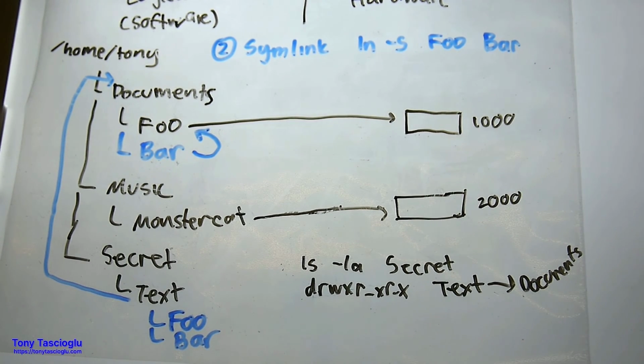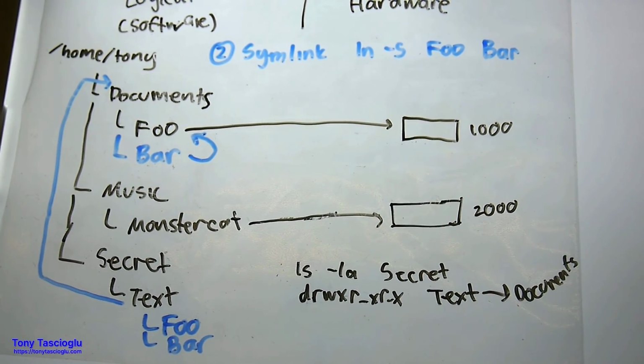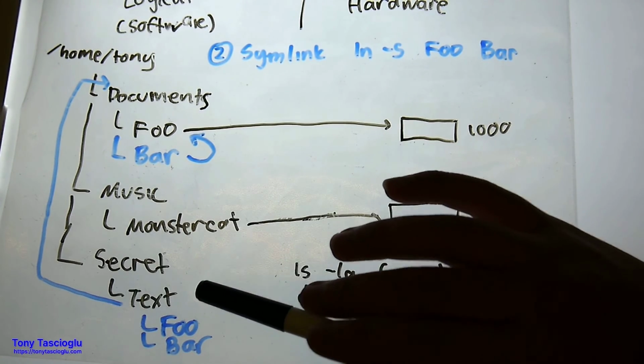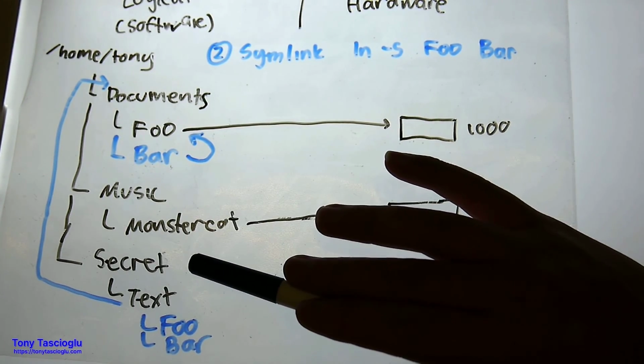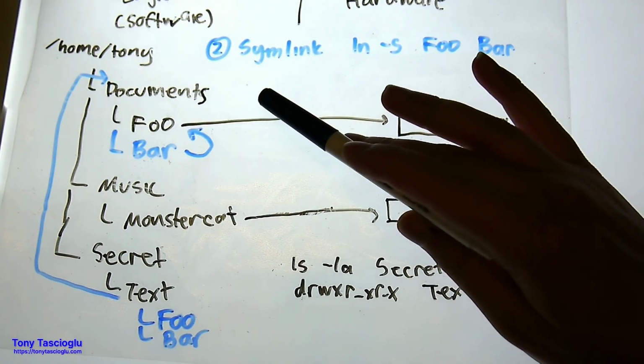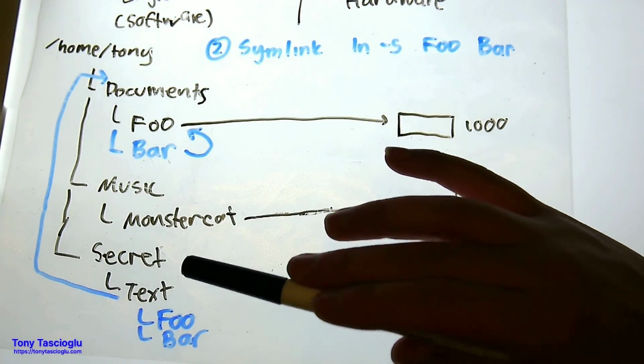Now, one thing that you want to be cautious of is that you can create invalid symbolic links. If you're creating links using only relative links, it is something you should keep in mind. So say I'm in secret, I do ln -s .. documents, and then text or dot.